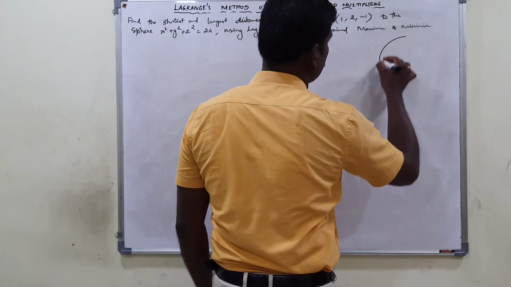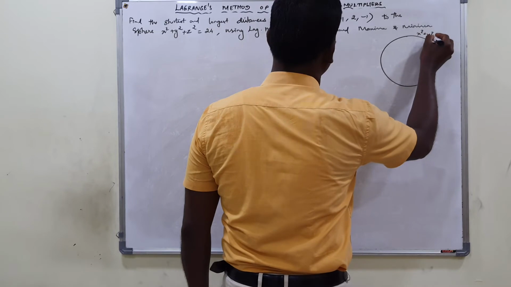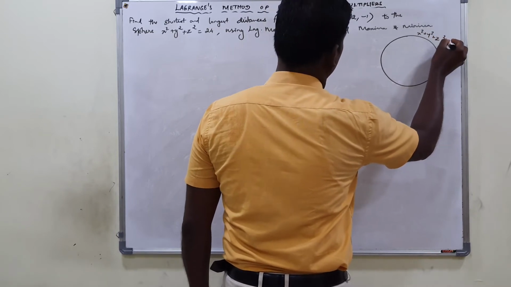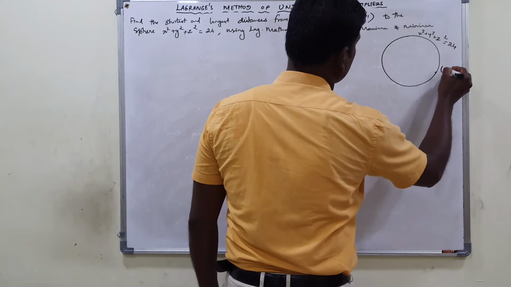So I have to take this as the sphere, x square plus y square plus z square equal to 24. I am taking a point on the sphere, x comma y comma z.